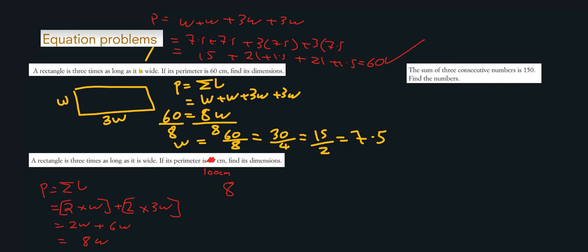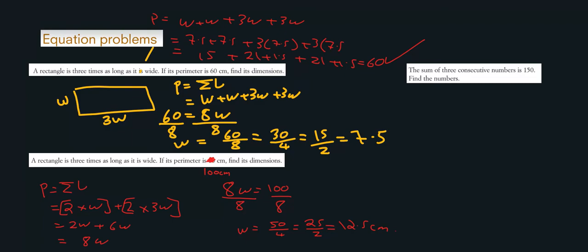And we know that 8w is equal to 100. So we solve this by dividing by 8 both sides. They're both even numbers, so we get 50 over 4. Even again, 25 over 2. And then we get 12.5 centimeters.